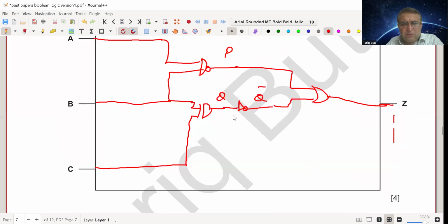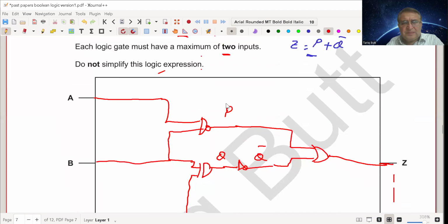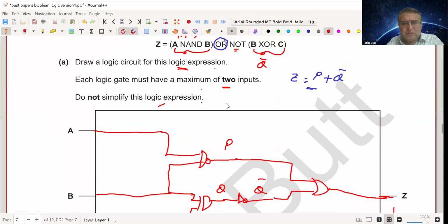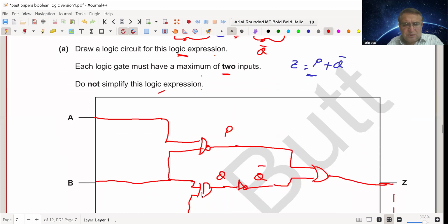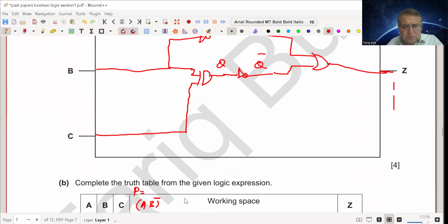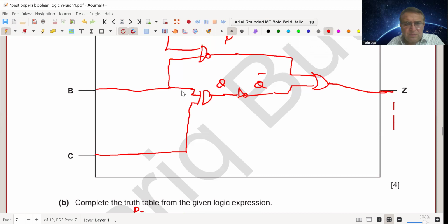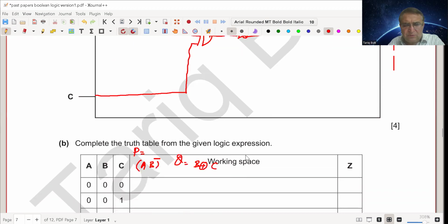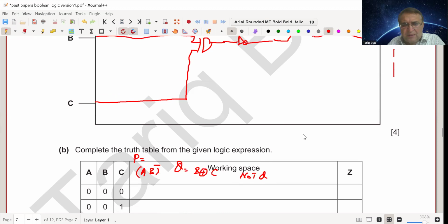Then you need Q, and we had seen Q is what? B XOR C. This is B XOR C, that is Q. This is the column for Q, B XOR C. Then you need Q bar as well, or not of Q. So you can write not of Q or Q bar, whatever you like.